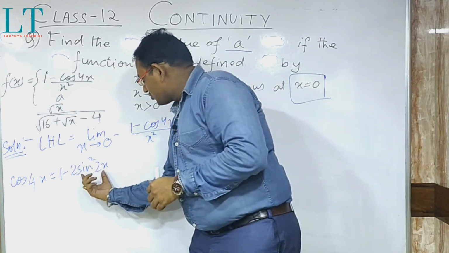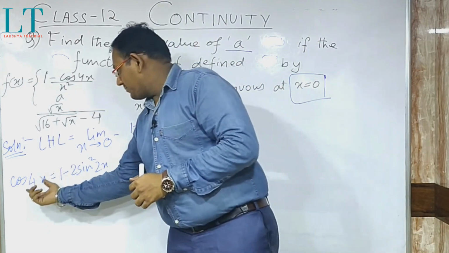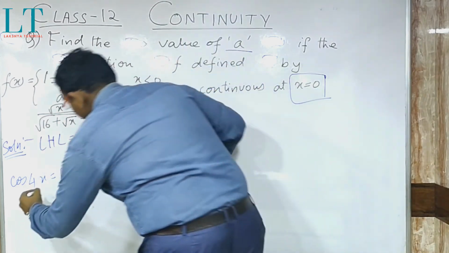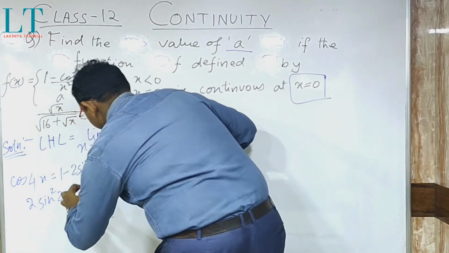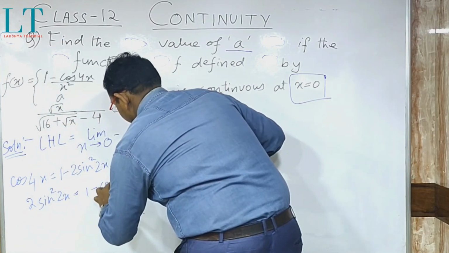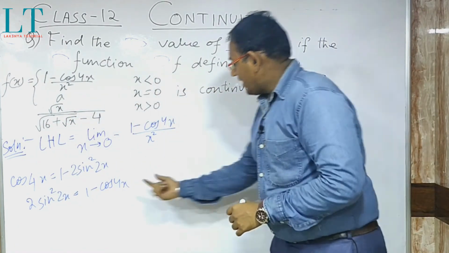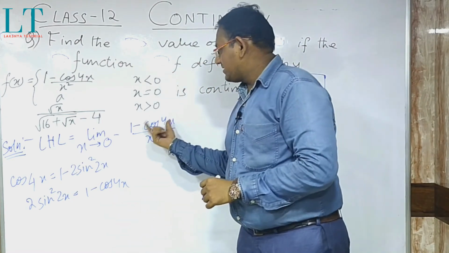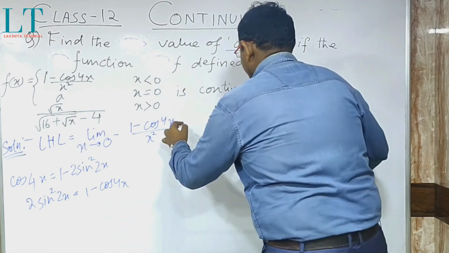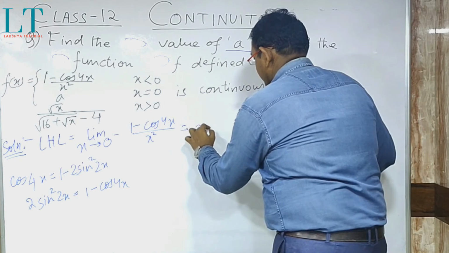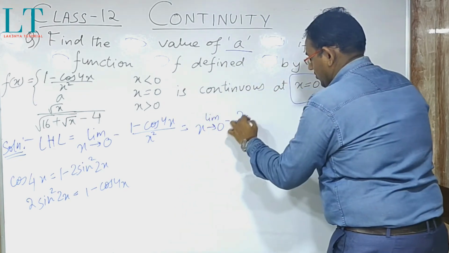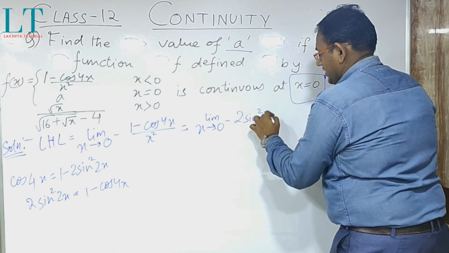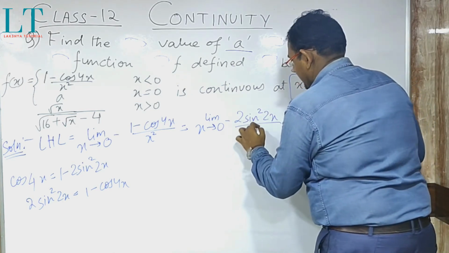Now let us take this 2 sine square 2x on that side and bring cos 4x on this side. So this 2 sine square 2x will be 1 minus cos 4x. Now this 1 minus cos 4x, we can see this in the numerator. So let us substitute and simplify. So x tends to 0 negative limit 2 sine square 2x divided by x square.